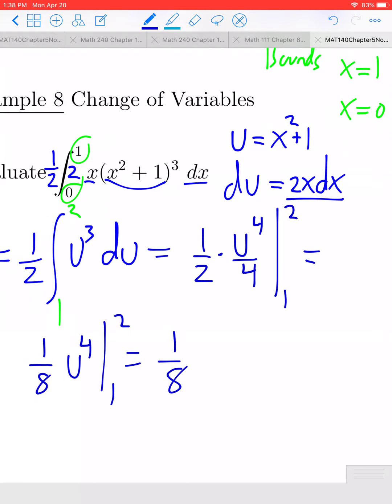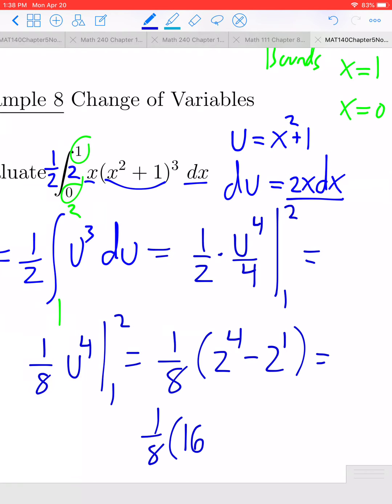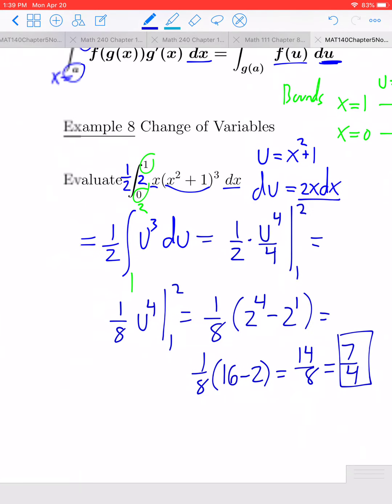This is 1/8 times 2 to the 4th, evaluating the antiderivative at the upper limit, minus the antiderivative evaluated at the lower limit. This is 1/8 times 16 minus 2, which is 14 times 1/8, and 14/8 simplifies to 7/4. So the value of this definite integral is 7/4.